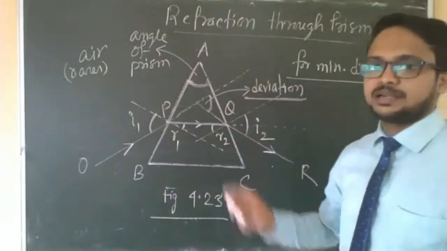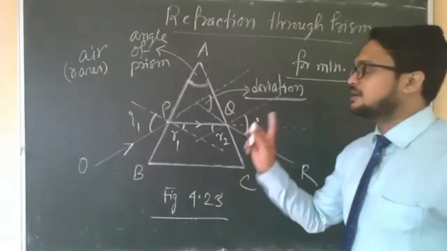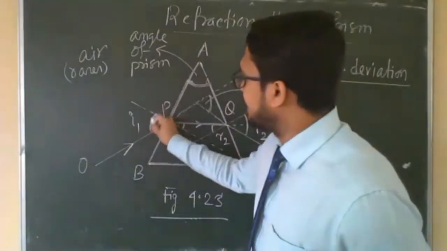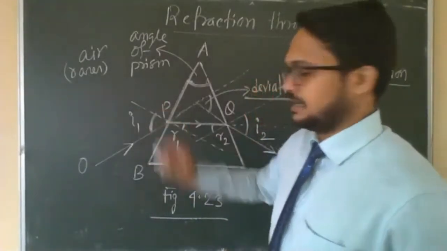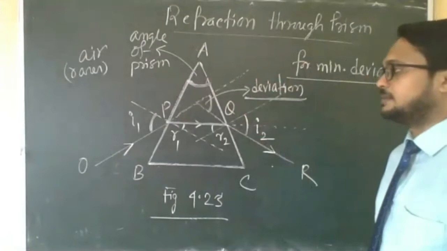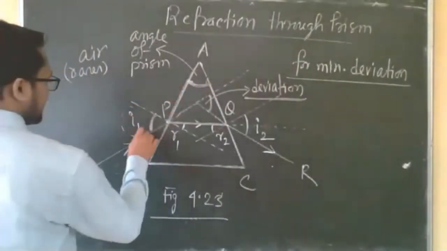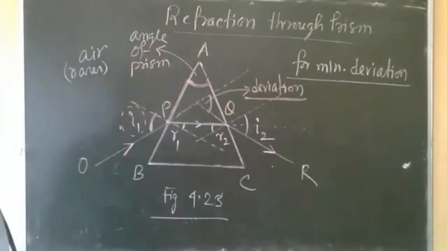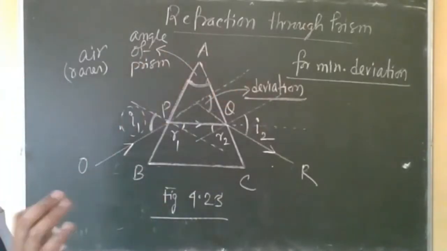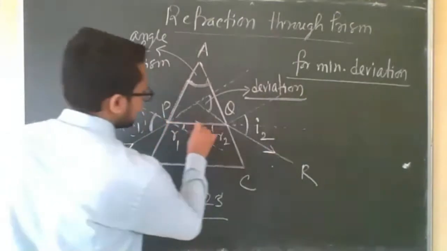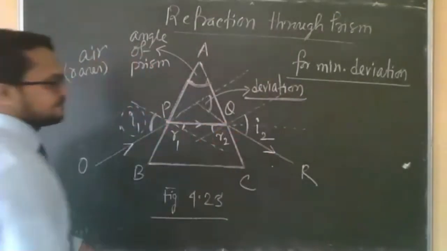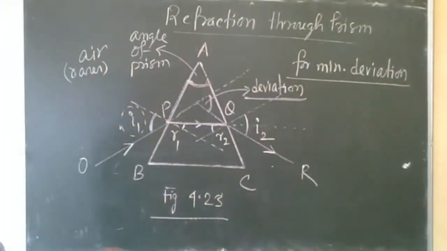Now, for one condition, this deviation will be minimum. This is the experimental fact that for one angle, the deviation will be minimum. So suppose here for angle I1 deviation is minimum. At that minimum deviation, the refracted ray inside the prism will be parallel to the base. This can also be proved, but proof is not required.